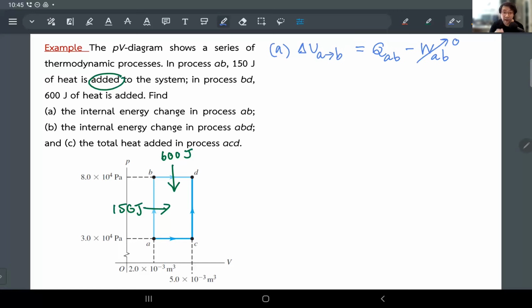The problem already gave you that during this process, 150 joules is added to the system. Added to the system means positive heat. That's it, it's done. So the internal energy change from A to B is 150 as well.